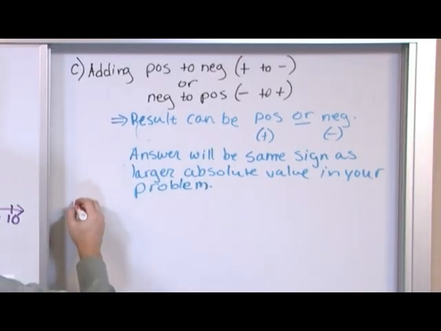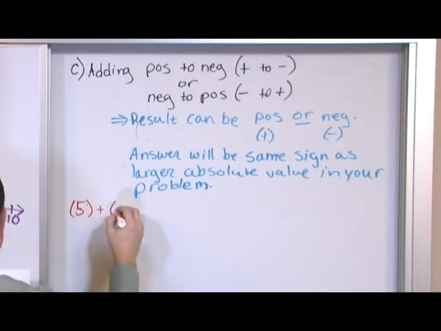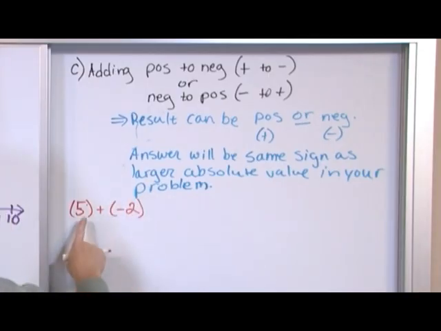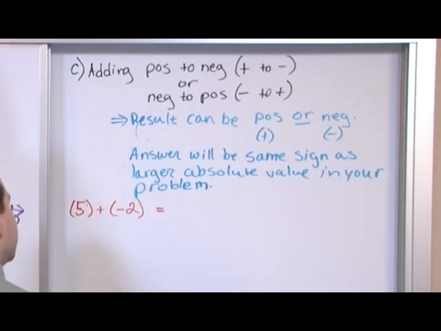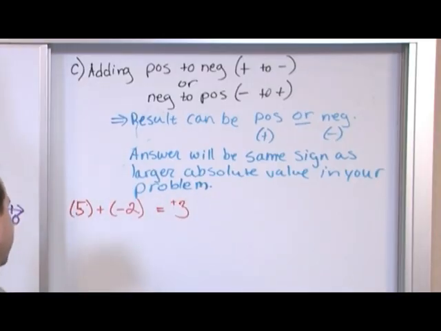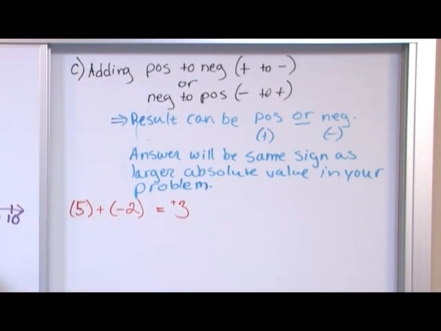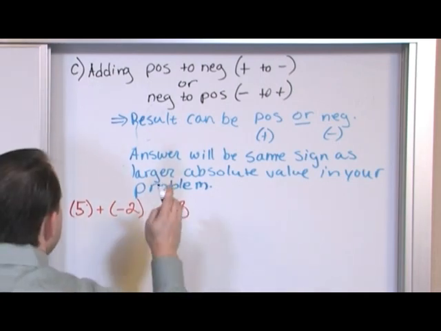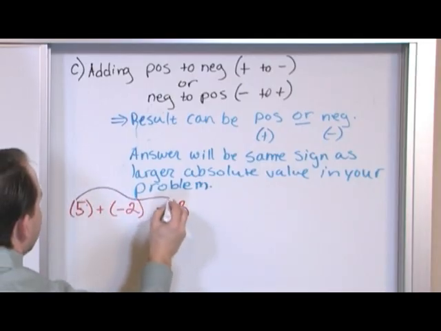So let's say we had 5, positive 5, plus negative 2. So you see we have a positive plus a negative right there. Now the answer is going to be 3, positive 3. So let me go ahead and explain first of all that the sign of the answer, right here, has exactly the same sign as the number with the larger absolute value.